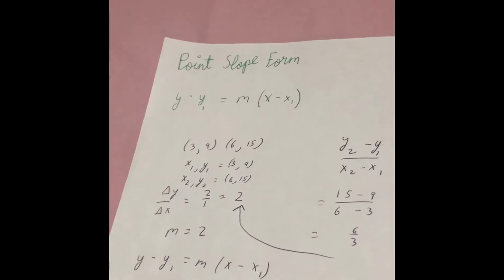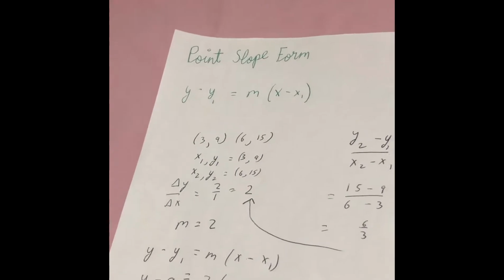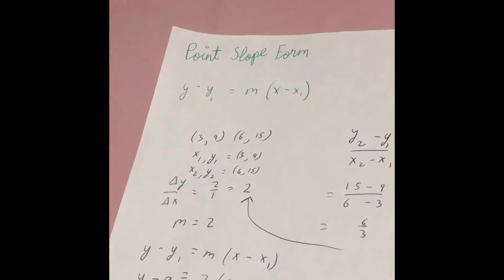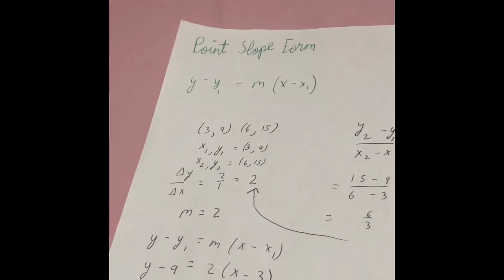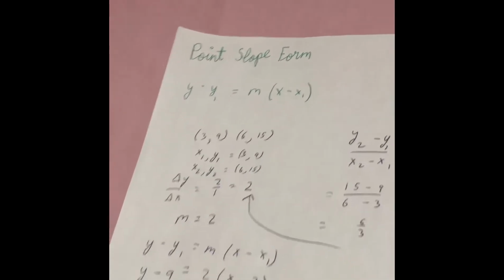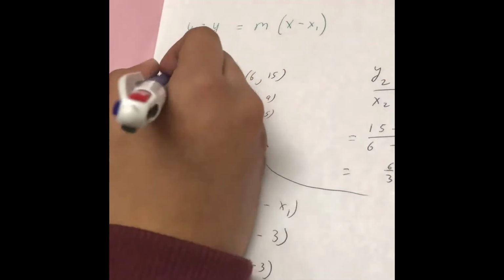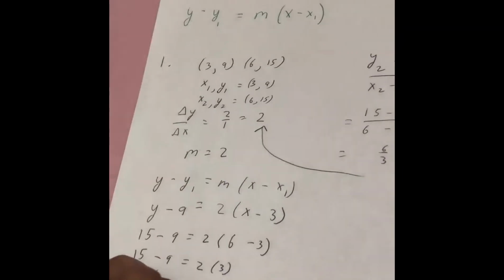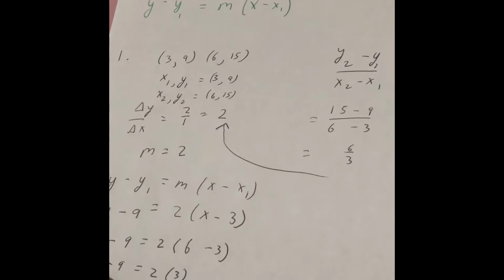So it will be 15 subtract 9, which equals 2 times 3. Then we know that this is 6, and we know that this is also 6. So 6 equals 6, and since the left side is equal to the right side of the equation, the equation is correct.